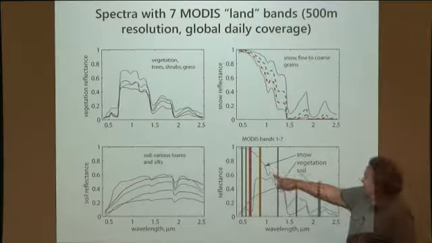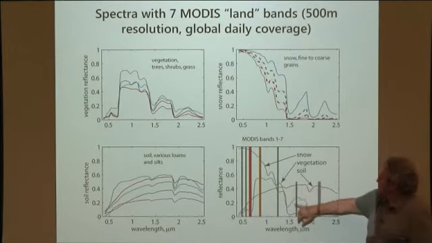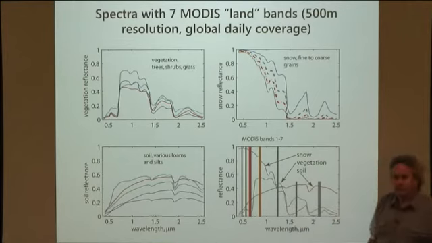But the main point of this is, if you compare all those spectra, and of course to do that I just selected one from each graph, you see that snow is pretty distinctive from soil, and that's pretty distinctive from vegetation.